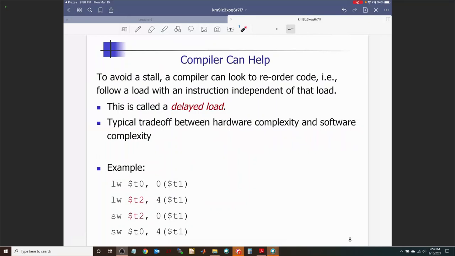So another alternative is to reorder the code, and we'll see examples in today's class where you can reorder without affecting your complete program. So the compiler can look into reordering the code which is following a load instruction, so that the next instruction becomes independent of that load, right?